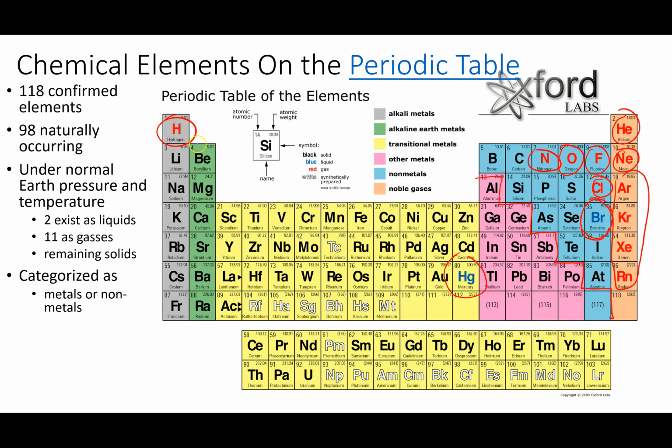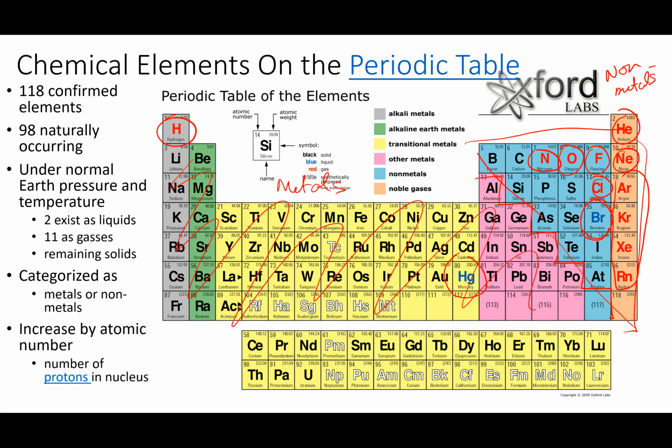These guys over on the left are all metals. And these guys, I kind of call it a triangle, right here, these guys are nonmetals. Like I said, I will be getting you a different periodic table if you make this one too messy and you don't want to use it.